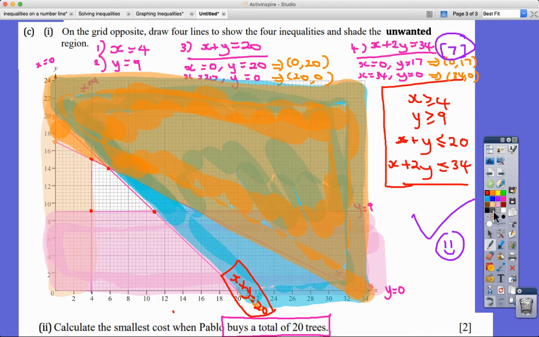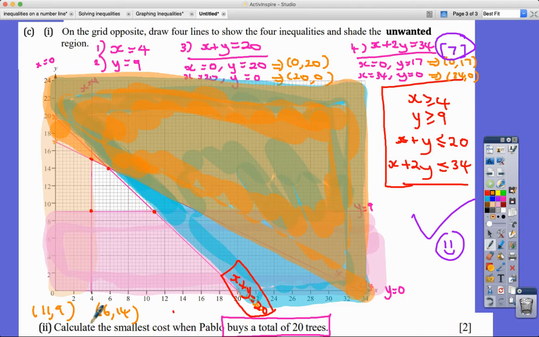So there are two possible vertices, we have 11, 9, and we have 6, 14. There isn't another solution that's in this region or on the boundary of this region that also lies on this line.